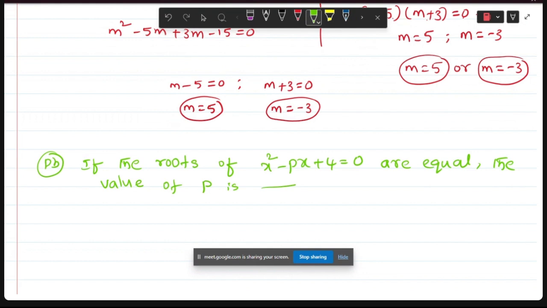Just try, ma'am. If the roots of x square minus px plus 4 equal to 0 are equal, the value of p is?